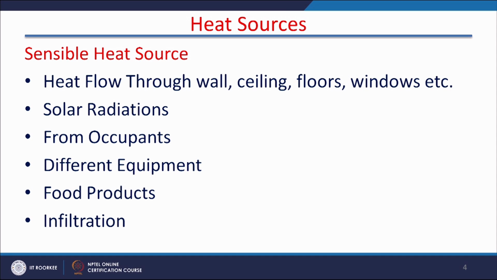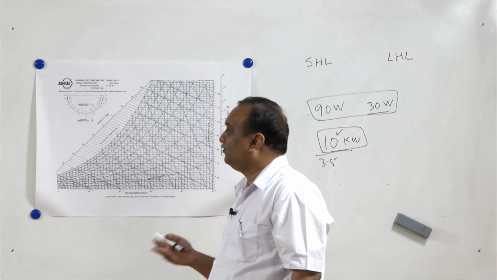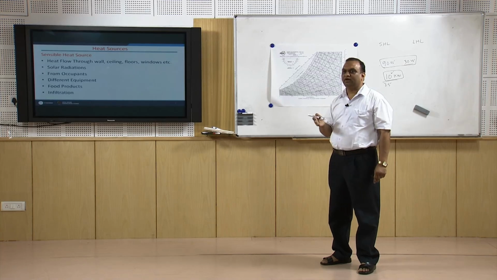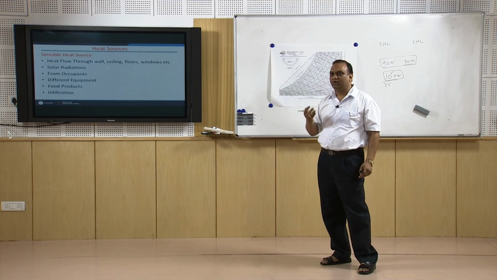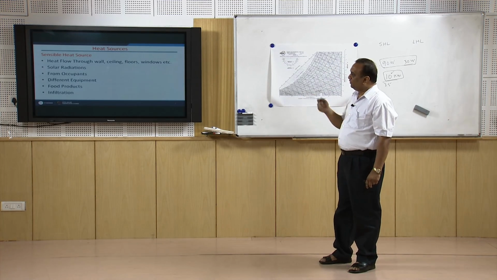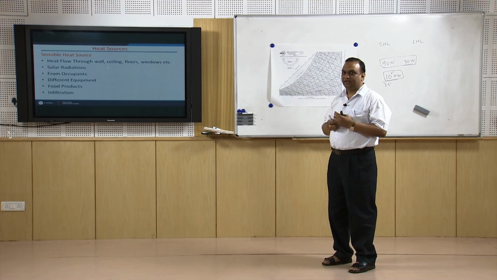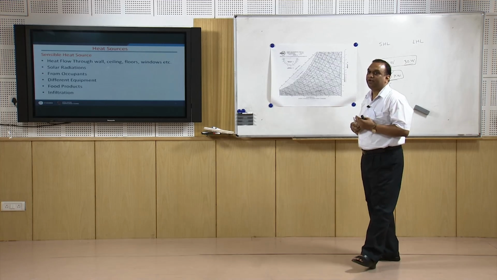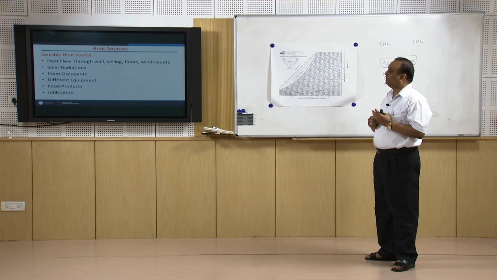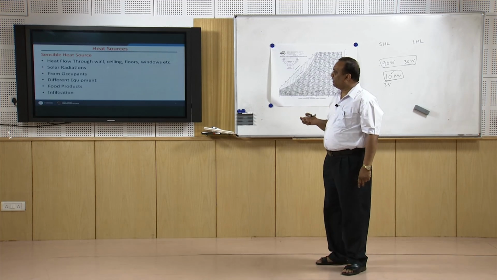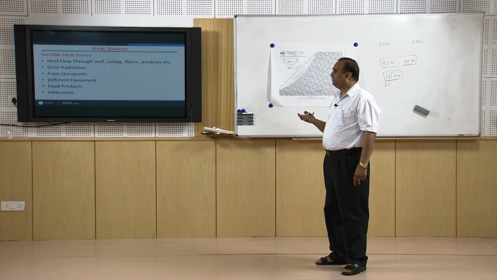In a cold storage, when we design the system, the air change rate is very low, maybe 1 or 2 air changes per hour, but the heat liberated by the food products is high, and this high heat liberation has to be taken away by the cold air coming from the air conditioning plant.